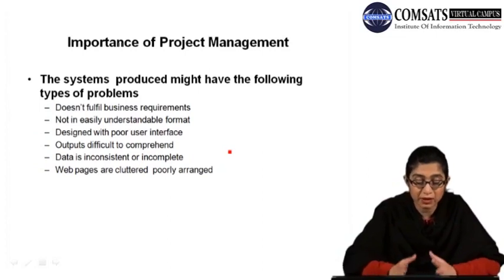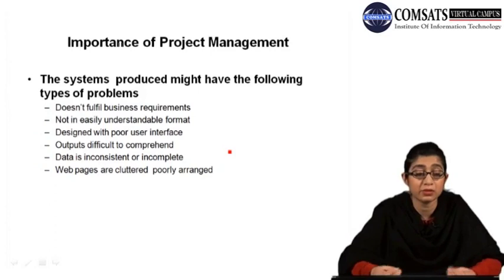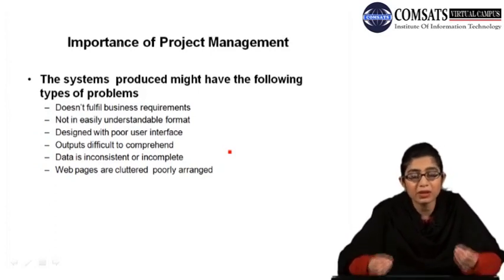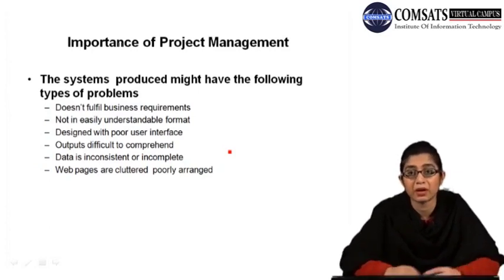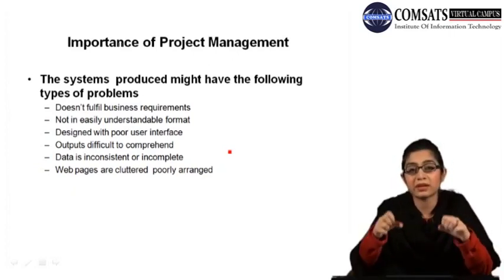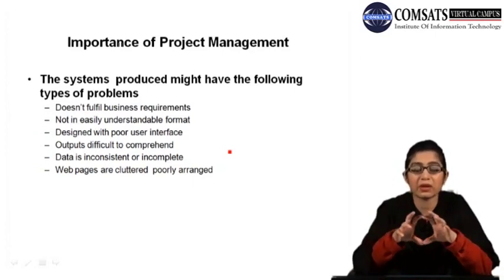So basically, when you are creating the system, you have to keep the user preferences in mind: who is going to use that system and what information is required by that particular person or group of managers that are going to use that system. That's why it's very, very important that you keep all these things under consideration whenever you're working on an information systems project.